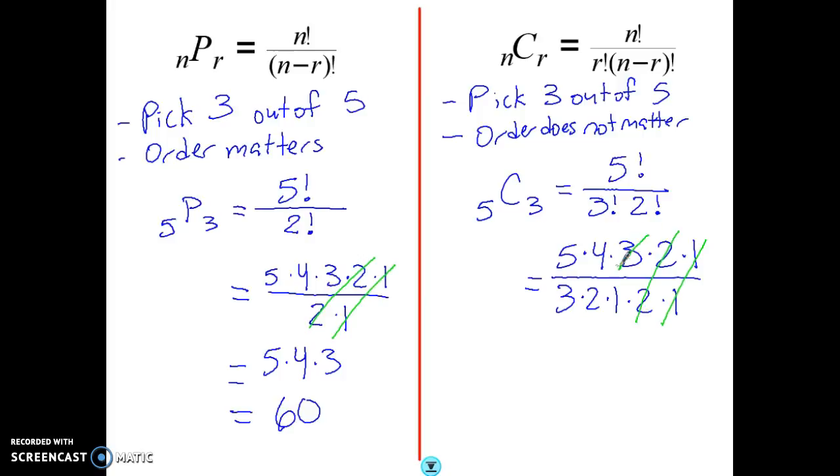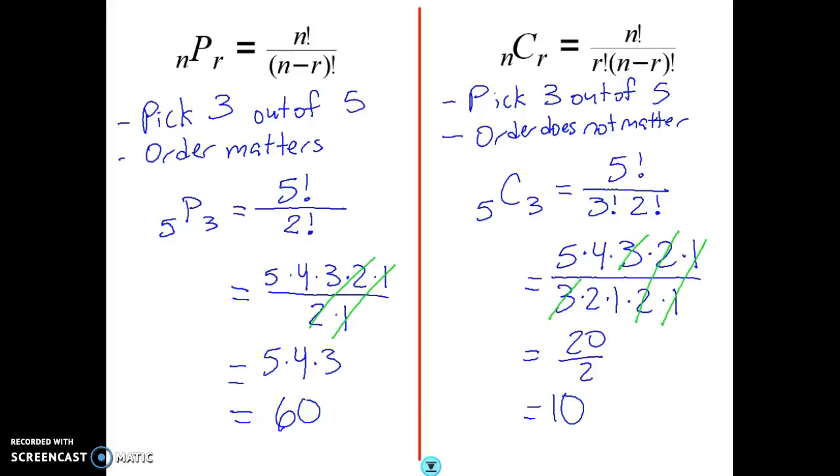And then we also have 3 over 3 cancels out. But the rest of this stays here. Technically, we could simplify 4 over 2 to 2 over 1 if we wanted to. And this comes out as 20 over 2, or just 10 different ways to pick 3 things out of a group of 5 when the order does not matter.